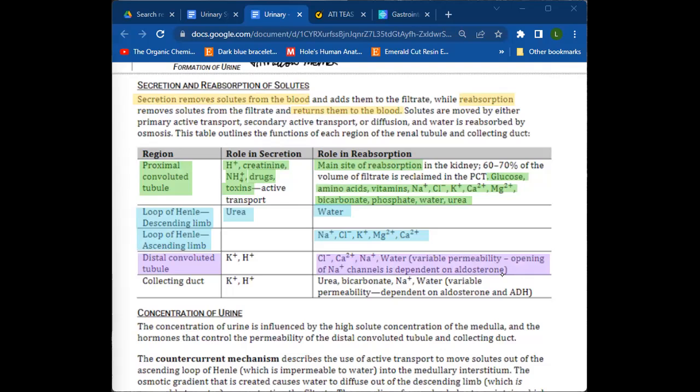How much sodium it puts back into the blood will depend on the level of aldosterone. And it's also taking potassium and hydrogen out of the blood and putting them in the urine.